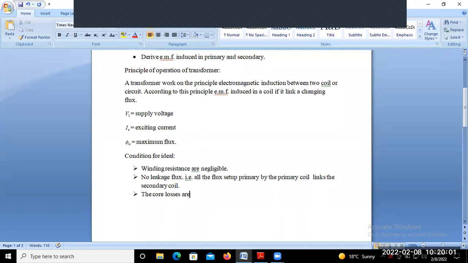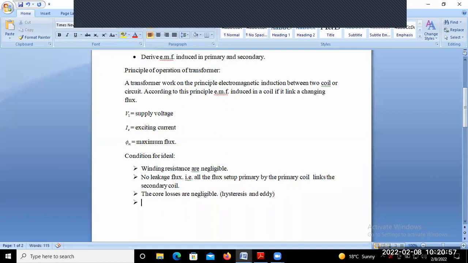These losses are negligible, so you may write down the core loss components, hysteresis loss and eddy current loss.